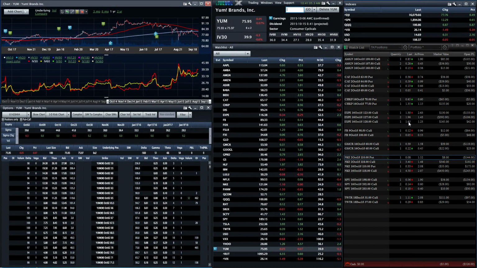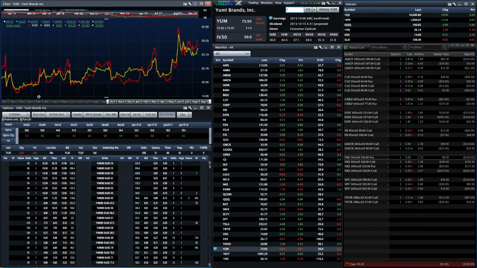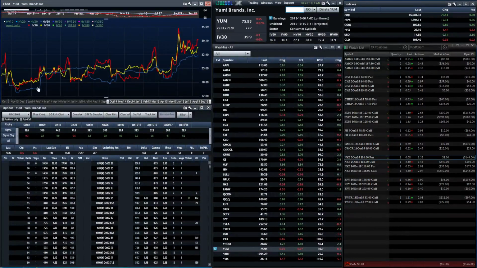So on this chart right here, and let's just make this volatility chart. Okay, the blue line which I just added is actually historical, the stock volatility.